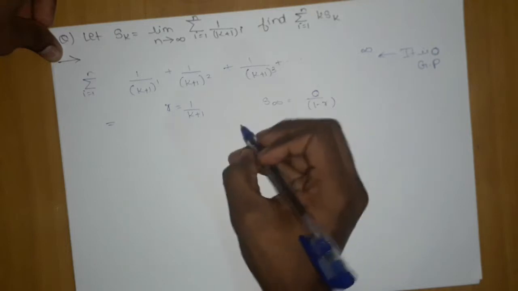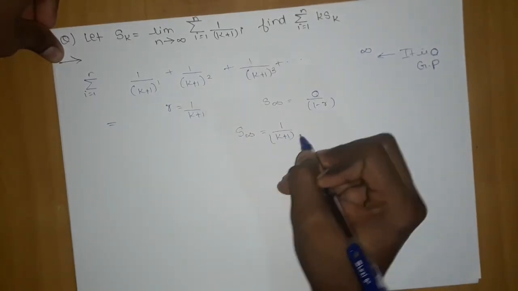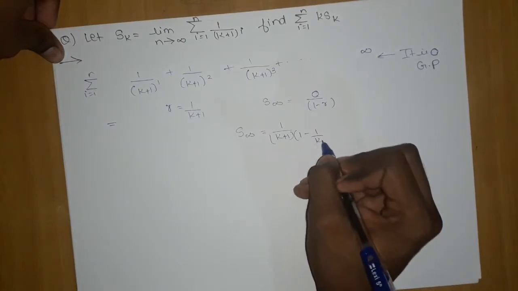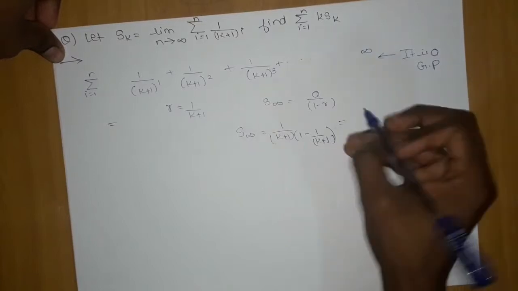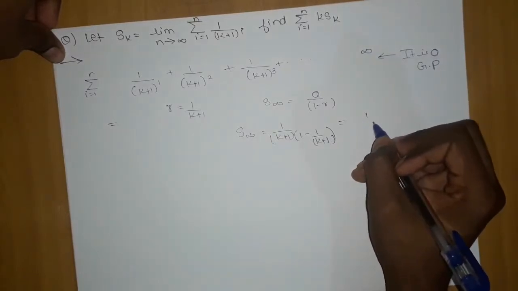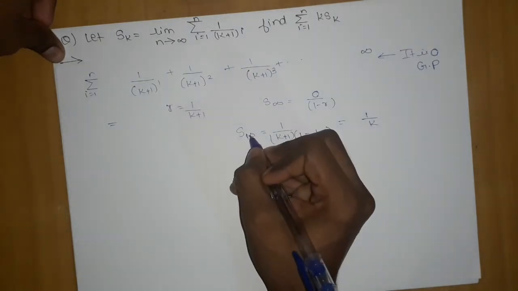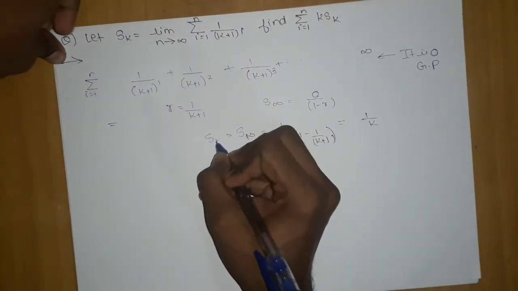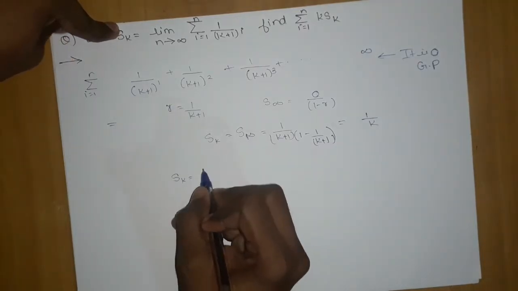So S infinity will be 1 upon k plus 1 divided by 1 minus 1 upon k plus 1. These two will cancel out, which gives me 1 upon k. So I got Sk. S infinity is nothing but Sk, because this whole thing is equal to Sk. So we got Sk is equal to 1 by k.